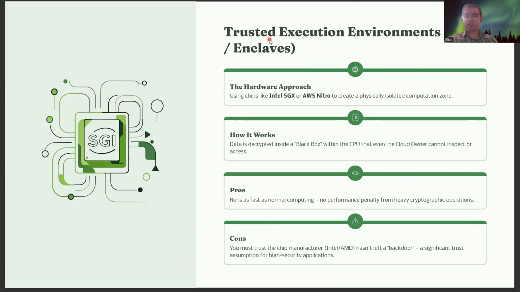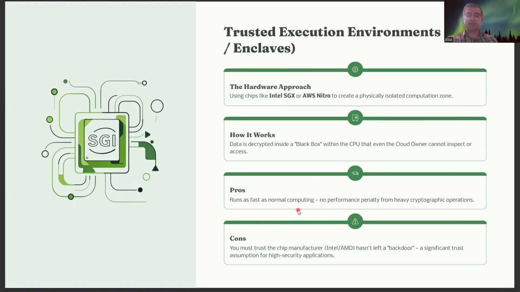We have one other approach that is called a trusted execution environment, like Intel SGX and AWS Nitro, which creates a physically isolated computation zone. Basically, this is like a virtual machine, and the data is decrypted inside this black box. So the cloud owner cannot inspect it, and only that chip can see the data.